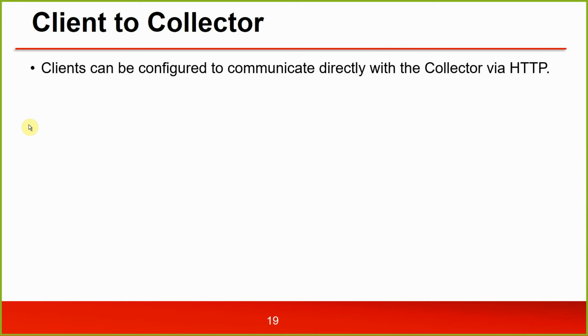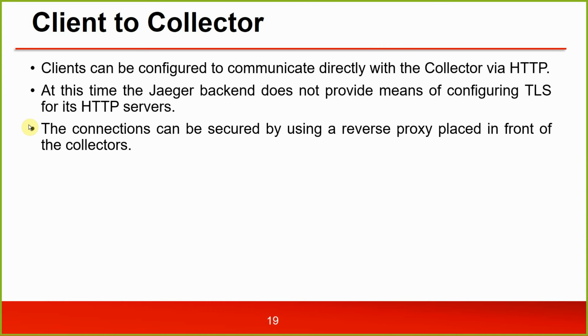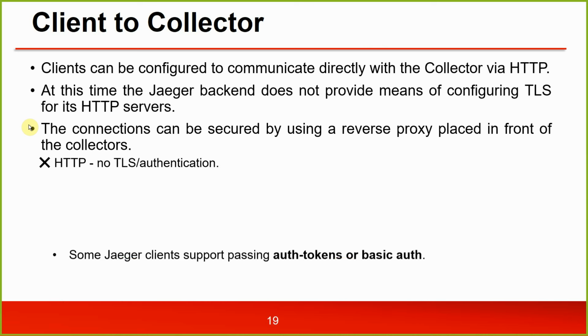Clients can be configured to communicate directly with the collector via HTTP. At this time, the Jaeger backend does not provide a means for configuring TLS for its HTTP servers. The connections can be secured by using a reverse proxy placed in front of the collectors. So HTTP, no TLS, no authentication, not supported.